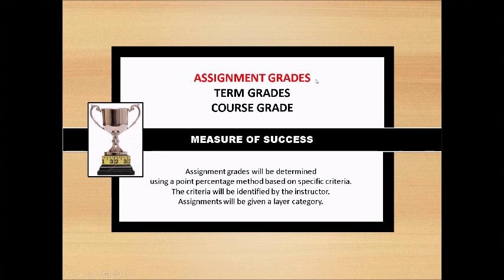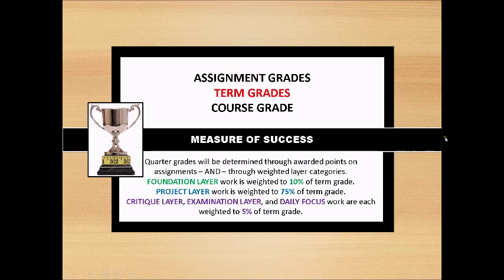Assignment grades will be determined using a point percentage method based on specific criteria. The criteria will be identified by the instructor, and assignments will be given a layer category. Your term grades, or quarter grades, will be determined through awarded points on the assignments and through the weighted layer categories.